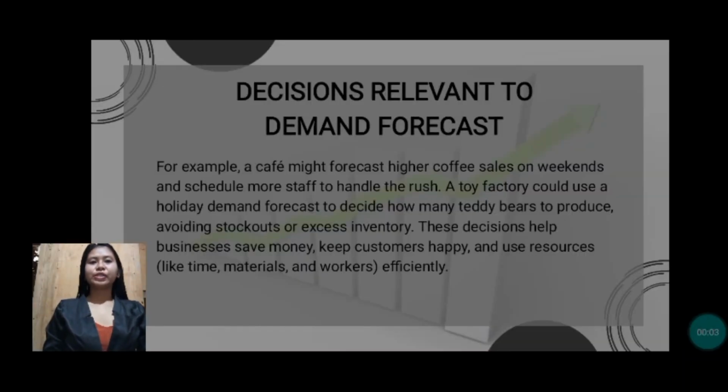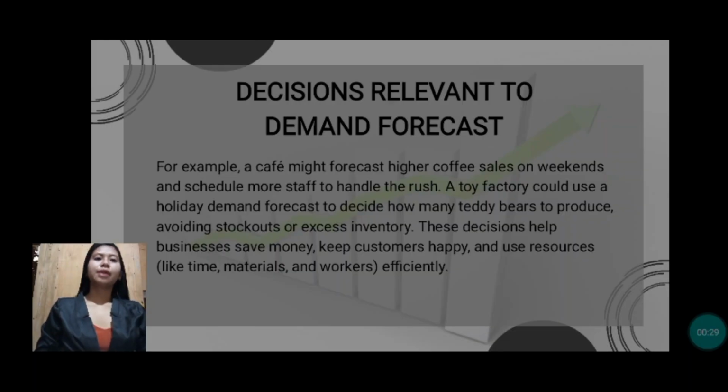And now let's proceed to decisions relevant to demand forecast. Decisions tied to demand forecasting and operations management are choices that use predicted customer demand to optimize how a business runs. For example, a cafe might forecast higher coffee sales on weekends and schedule more staff to handle the rush.